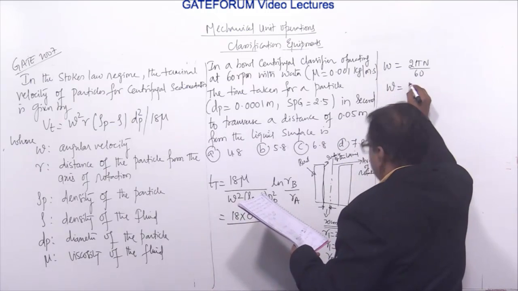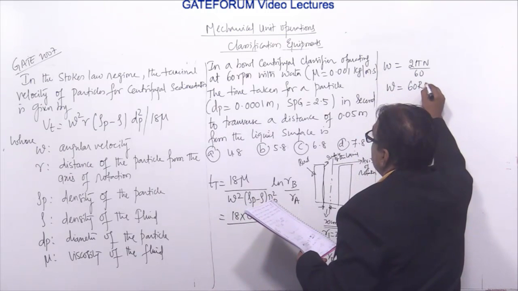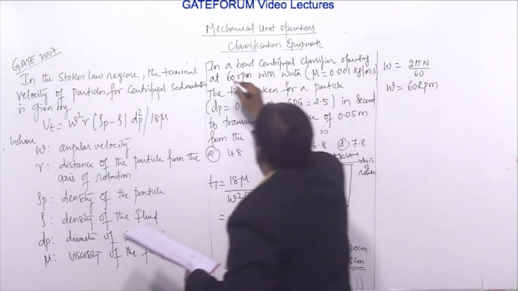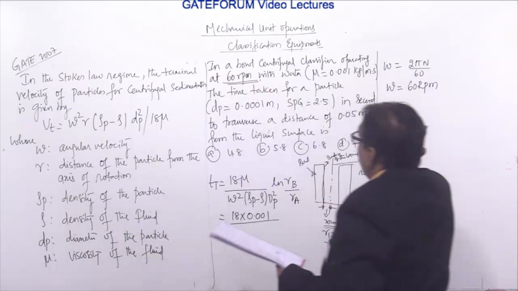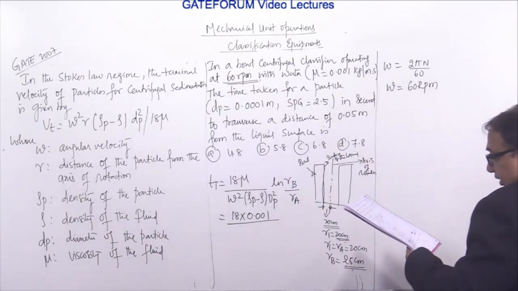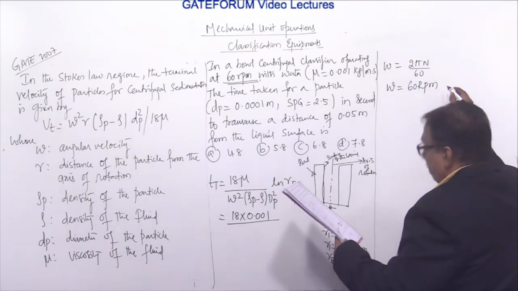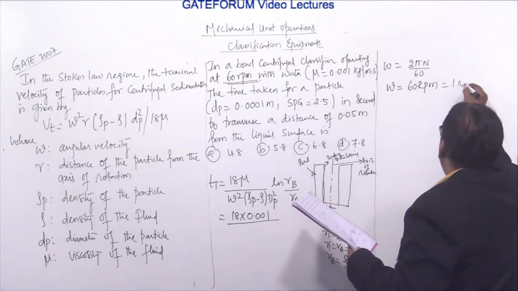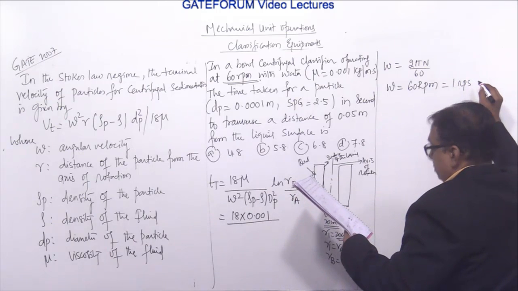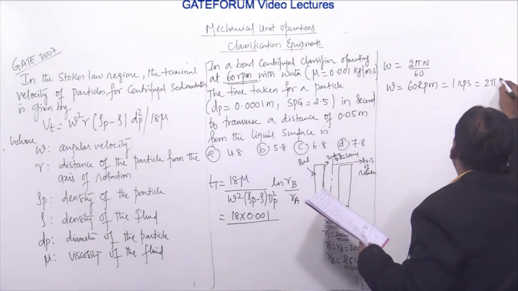Omega is 2 pi N by 60. The centrifugal classifier is operating at 60 rpm, so that is 1 rps, which is equal to 2 pi radians.